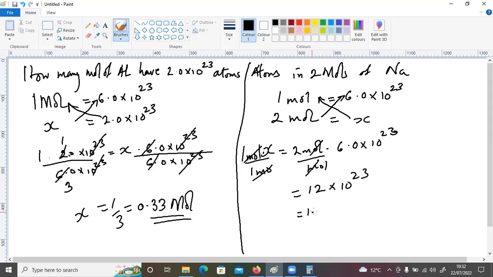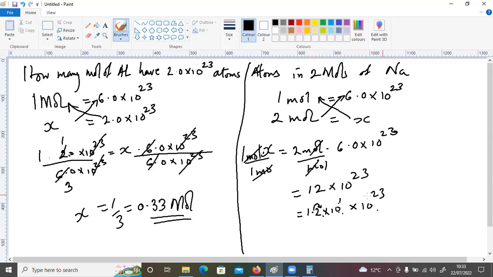This is the same as 1.2 times 10 to power 1 times 10 to power 23. These two indices, 1.2 times 10 is 12, because this moves the decimal place forward. This one becomes 12. So this is okay.